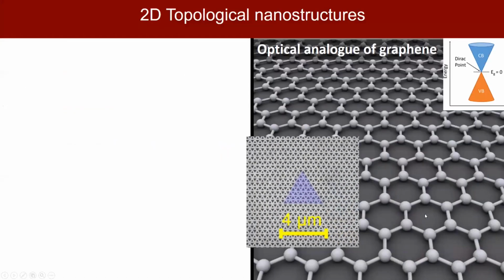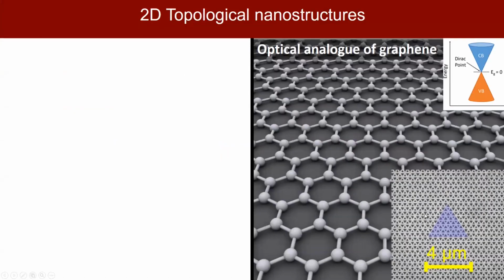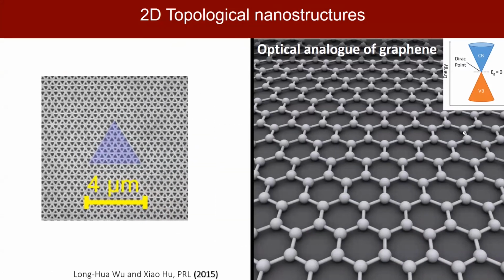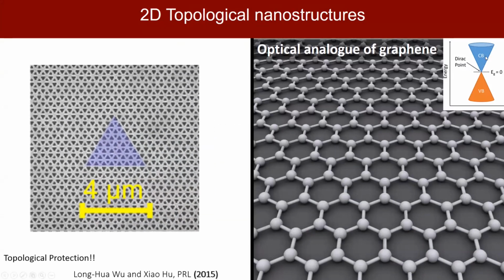So the second part of the topology section involves 2D topological nanostructures. These have been pretty extensively studied because they are optical analogs of graphene. They have Dirac cones, and we eventually exploited this property of Dirac cones to make photonic topological insulators.